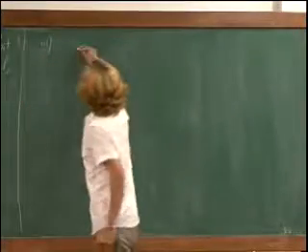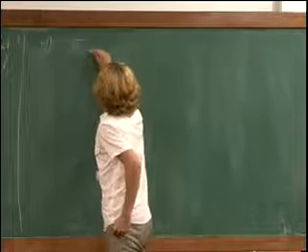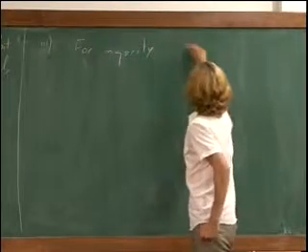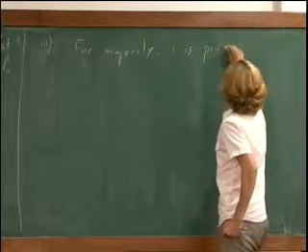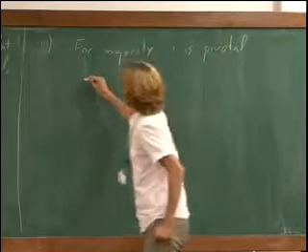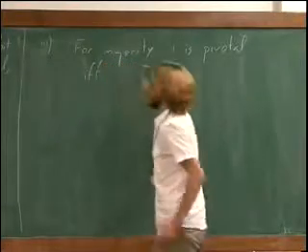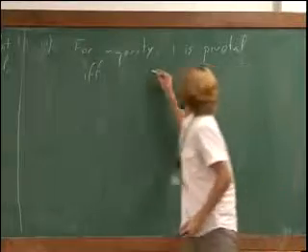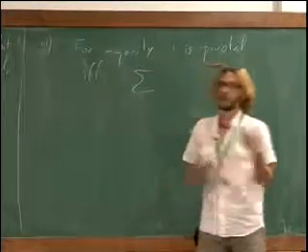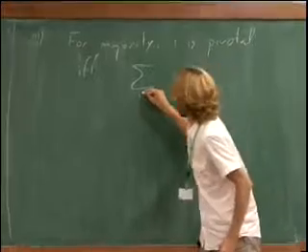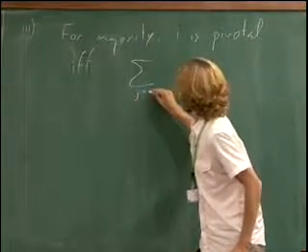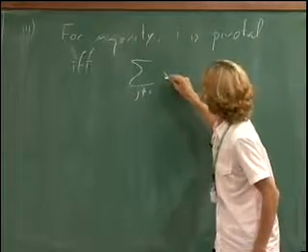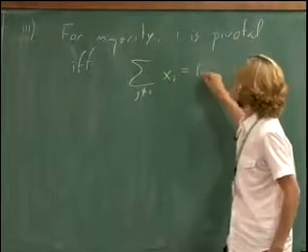Well, for the majority function, i is pivotal if and only if he should determine the sign of the sum. That means that all the rest of them should not be able to decide on the sum. So the sum of all the other bits must be equal to 0.